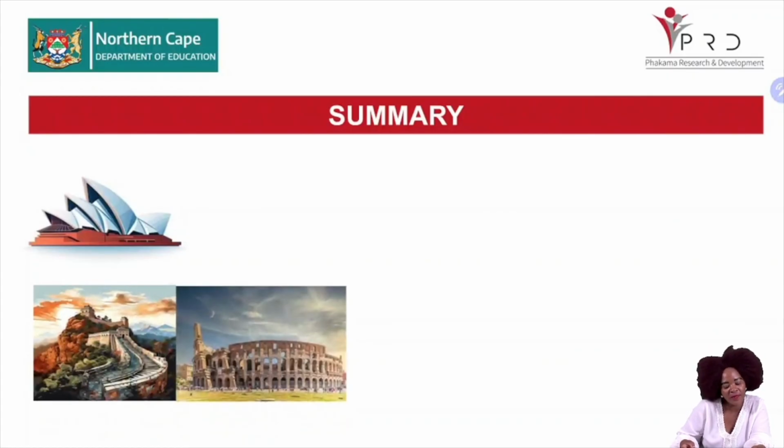And then here is the Colosseum. Remember we said the Colosseum is situated in Italy, Rome, so in Europe. So the location is also very important. So what you need to know is why was it built in the first place? What was the reason?